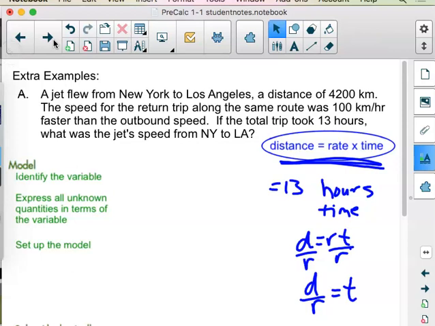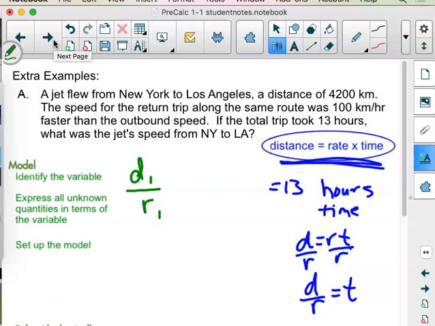So we have some distance that's going to be divided by some rate for the first, like it says, we've got the trip outbound and then back. That plus the second distance divided by the second rate, that will give me the first time plus the second time equals a time of 13 hours.